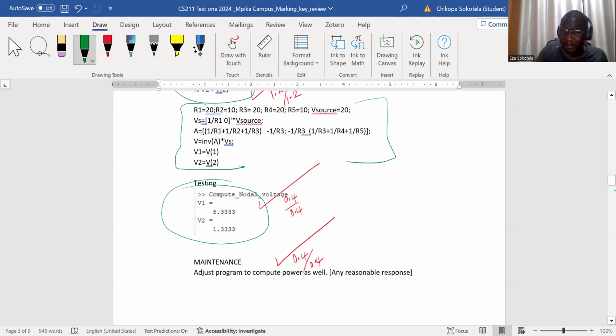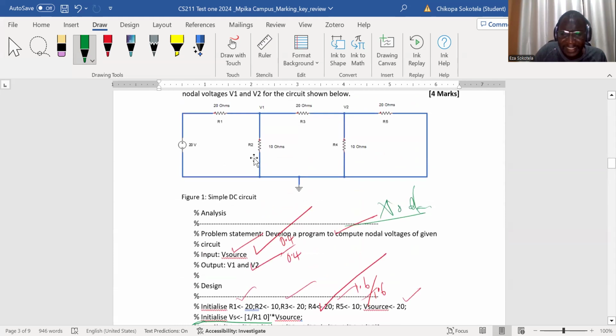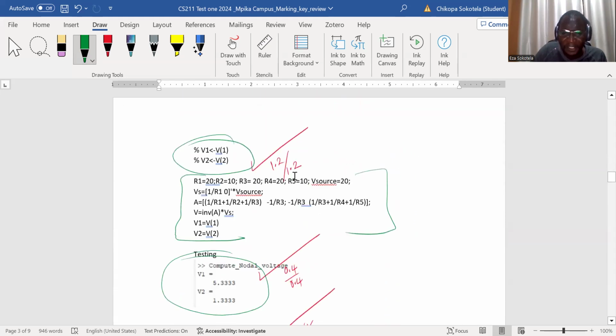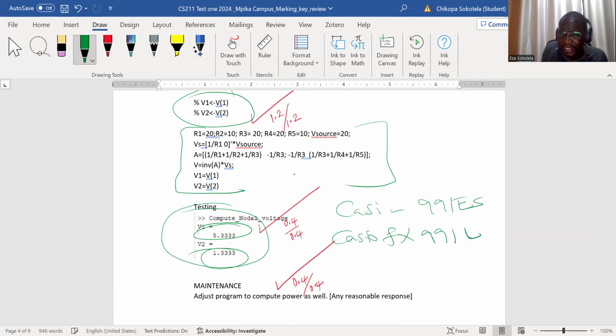Because this system you are dealing with is a small system, we expect you to provide us these values. You can use that calculator, Casio FX 991 EX.